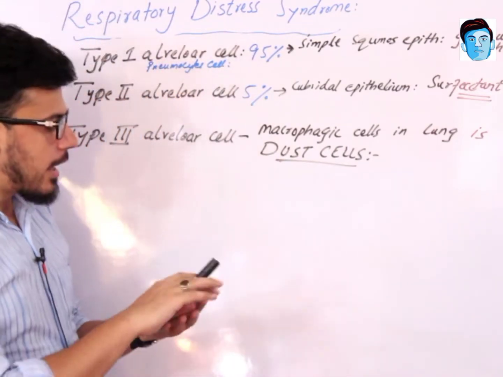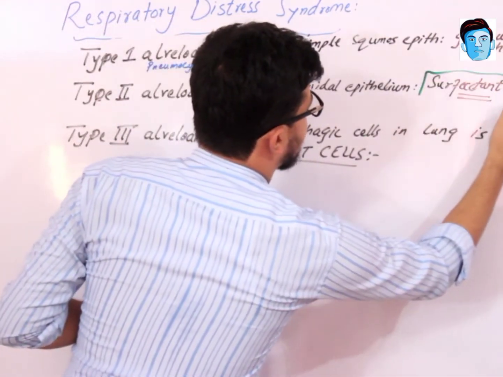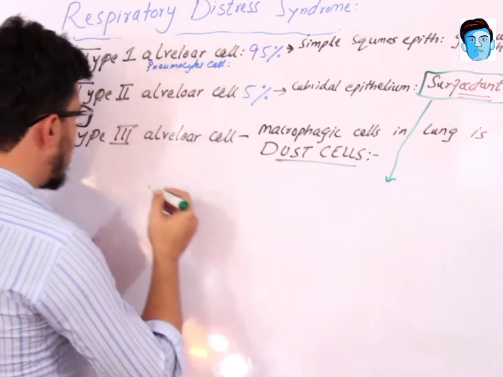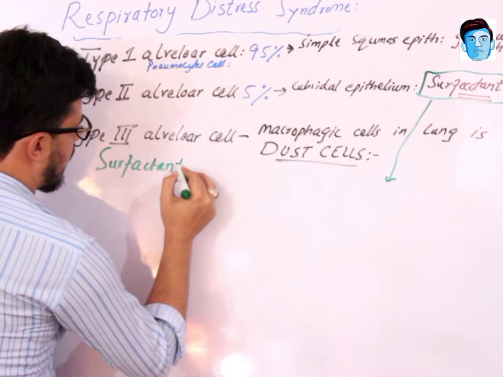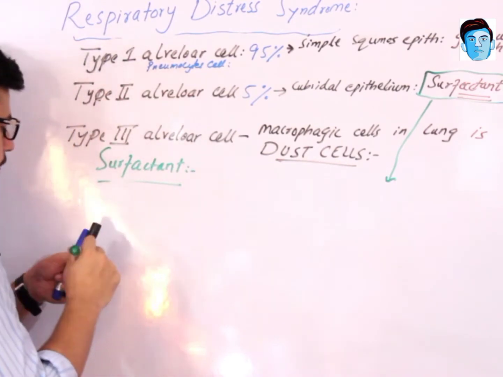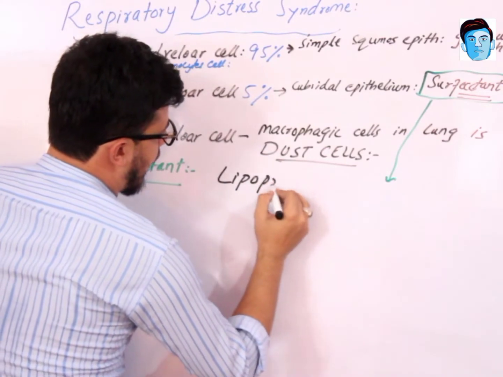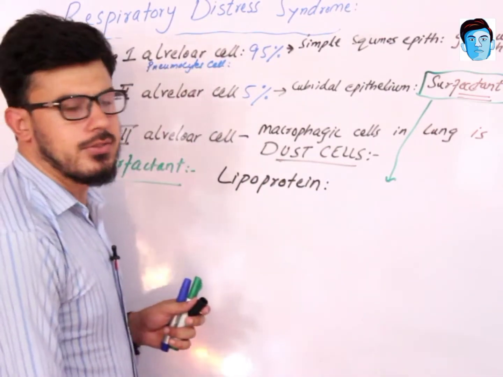Now let's talk about certain important points regarding surfactant. What is the nature of surfactant? Surfactant is a lipoprotein. What does it mean? It means it is a combination of proteins and phospholipids.